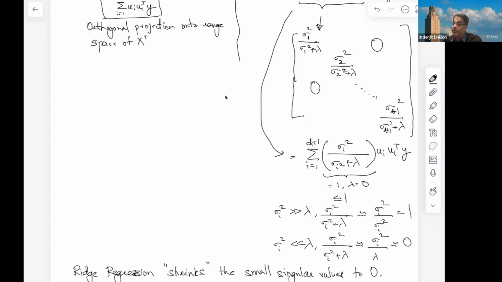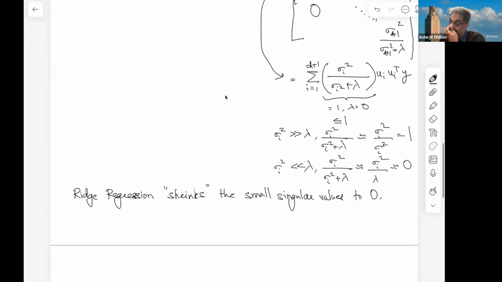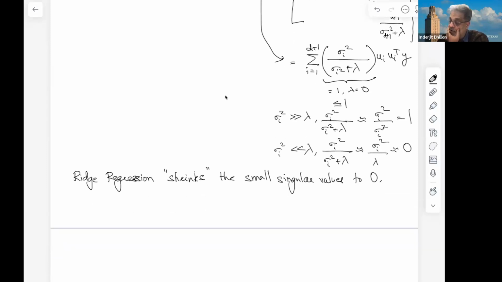So notice that, here's another thing we could have done, right? What if we had done the following? So this is shrinkage. What if we had done some hard shrinkage? Let me clarify what I mean.